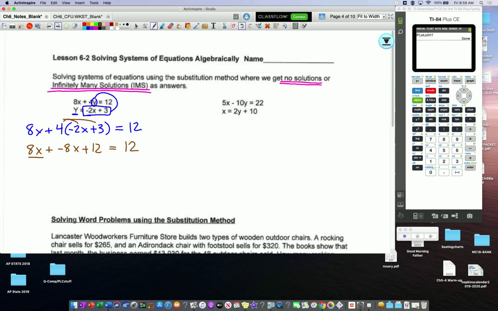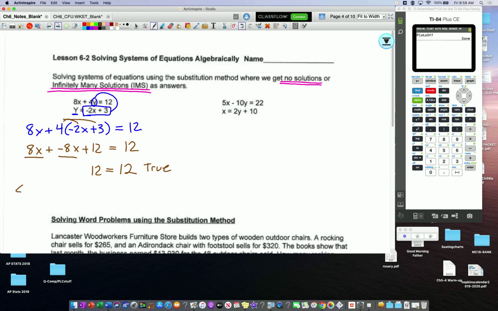So now when you start to combine like terms, notice how the x's here cancel each other out. 8x plus negative 8x is 0. 0 plus 12 is 12. 12 equals 12. This is a true statement. When this happens, it's like saying both equations are the same.